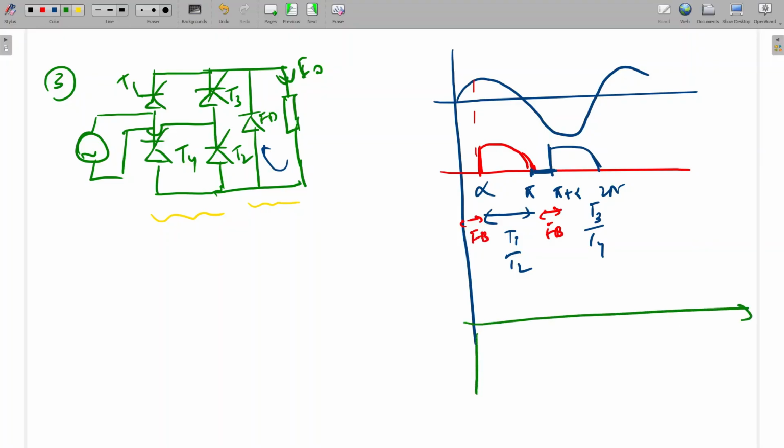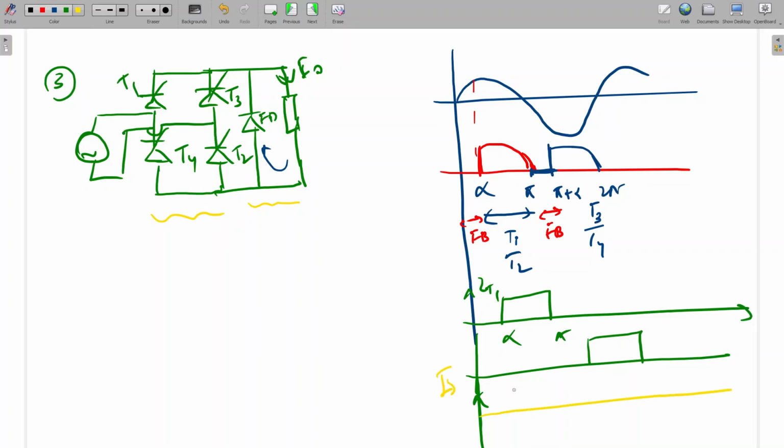The source current will be the same: first IT1 from alpha to pi, and IT4 from pi plus alpha to 2 pi, and IS will be the same as previous. This will be the IS waveform. It will be positive here from alpha to pi and negative from pi plus alpha to 2 pi.